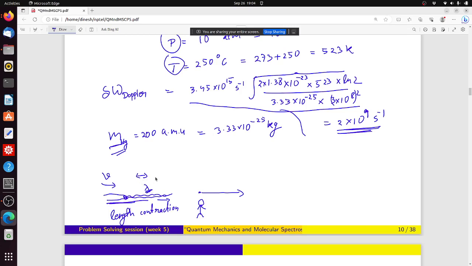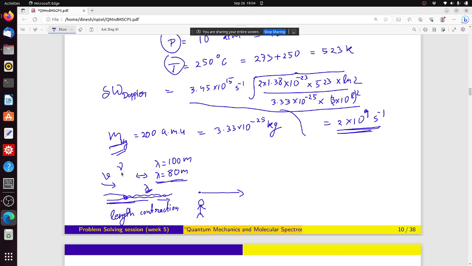Let's say you have some wavelength, something like 100 meter. When it is approaching towards you, the wavelength you observe is around 80 meter. So the wavelength is decreased. That means what?